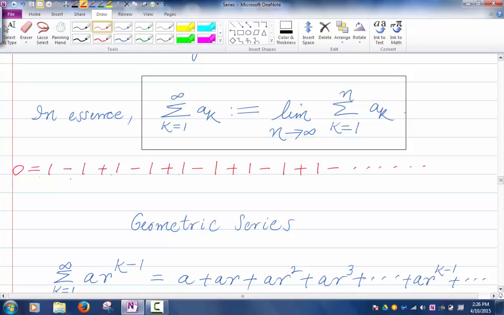Then I'm going to group together the next 2, the next 2, the next 2, and so on. So what's happening now? I'm getting 1, and then 0, 0, 0, 0, 0. What am I getting now? 0 is equal to 1.